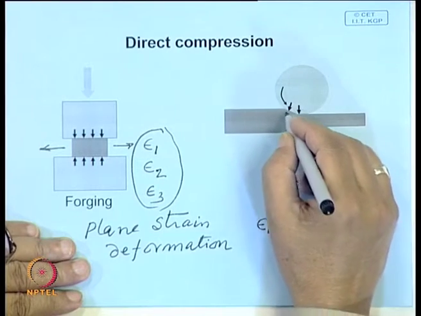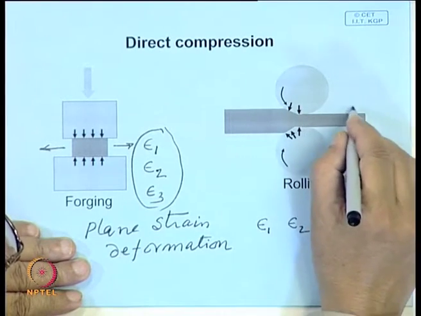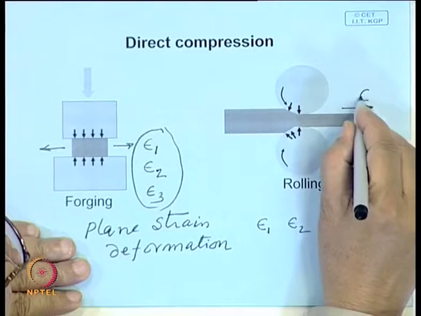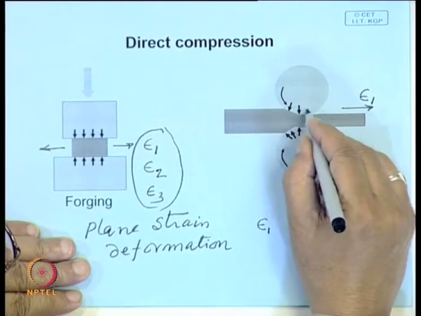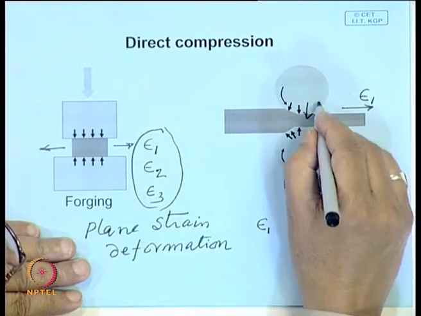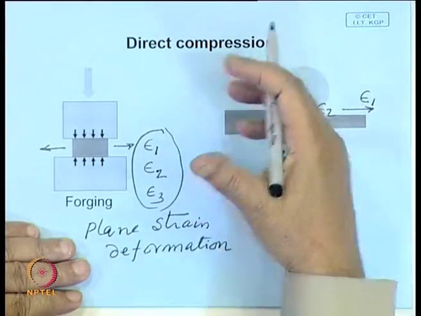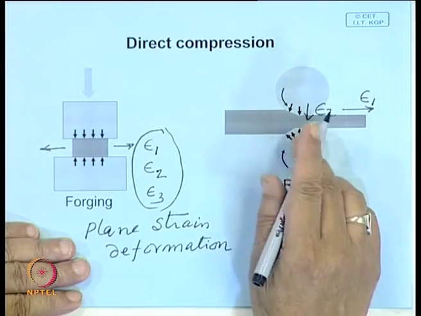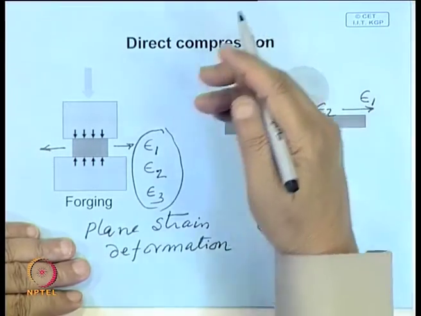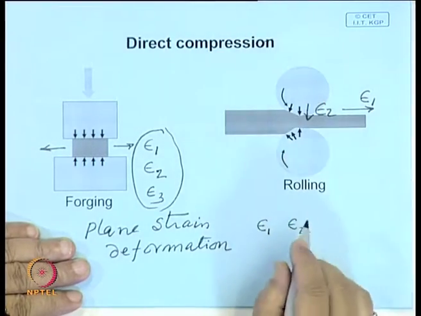Whereas in the case of rolling, the main strain in one direction is epsilon 1, and the other is in the thickness direction, epsilon 2. In the direction perpendicular to the plane there is not much strain.